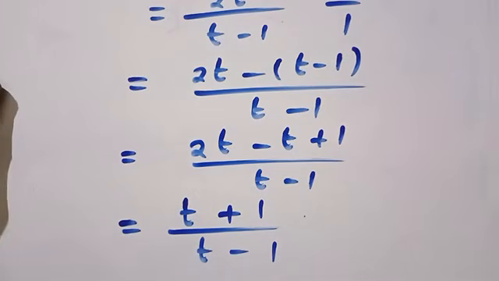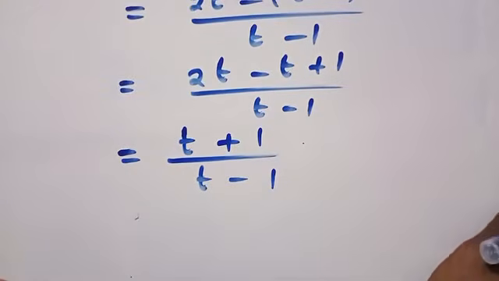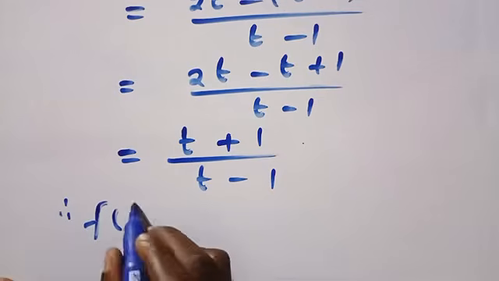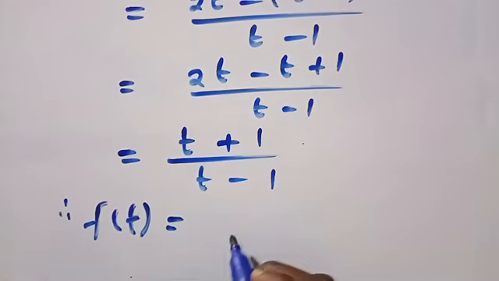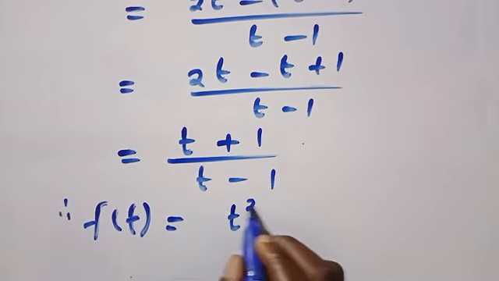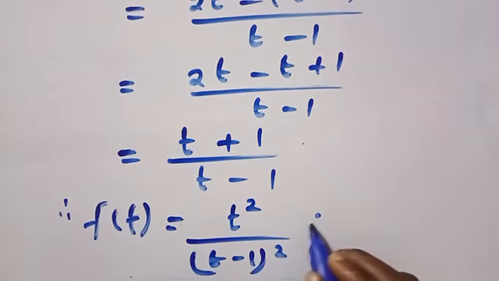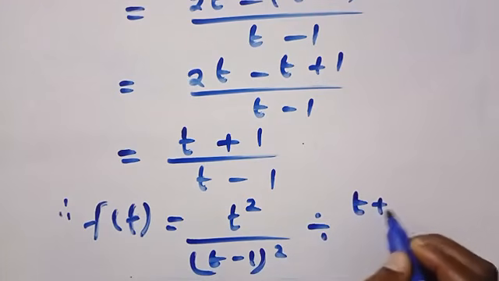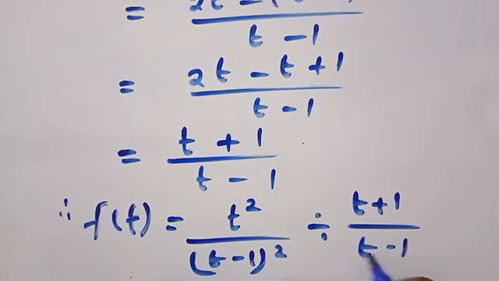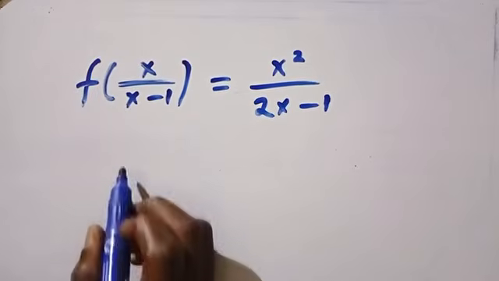So by bringing this together, we have f of t equals, for the numerator x squared, we have t squared over t minus 1 squared, then divided by t plus 1 over t minus 1. So this is what we have. So we have to break this further.